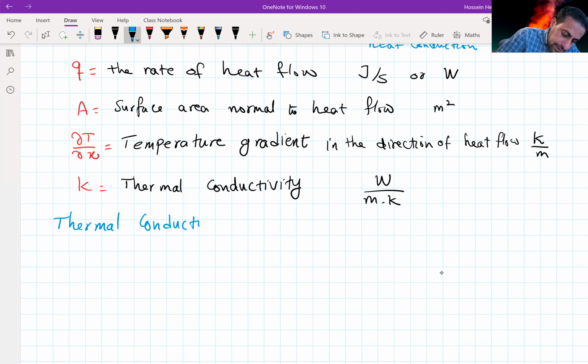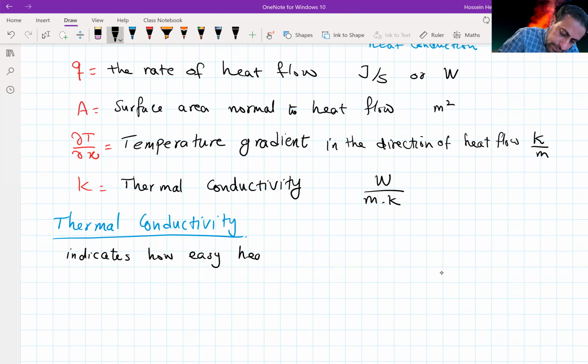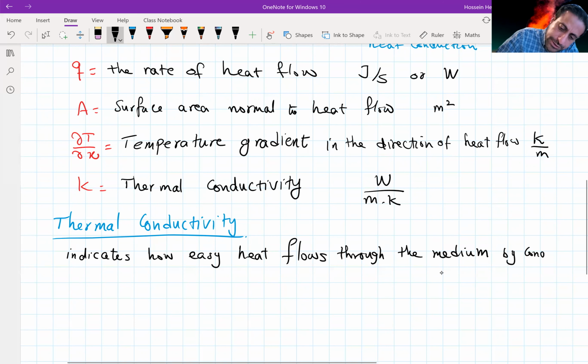Thermal conductivity. First of all, thermal conductivity is the property of the medium, and it indicates how easily heat flows through the medium by conduction.